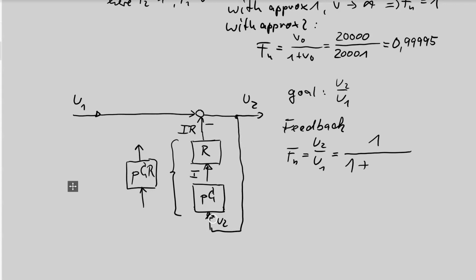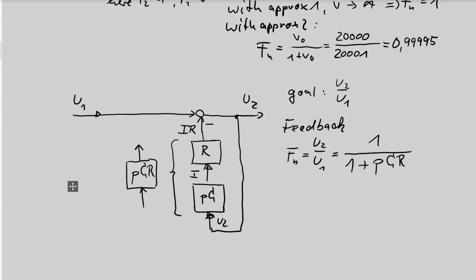There are no blocks, and here is just this block. So I just have to write here P times C times R, and this is a new function. The product of a capacitance with a resistance is a time, so this is the time constant of the system, the product C times R.